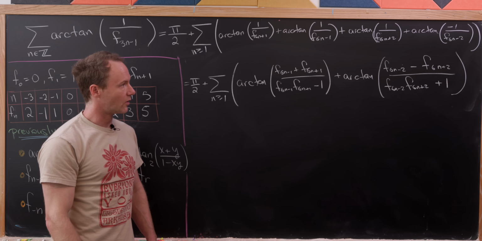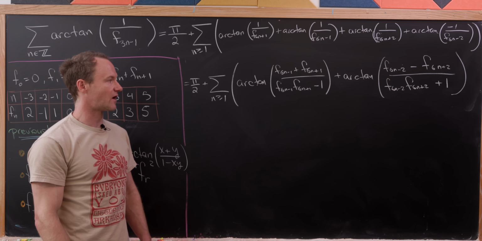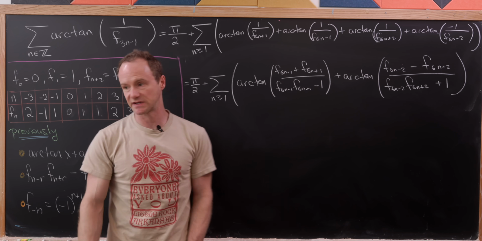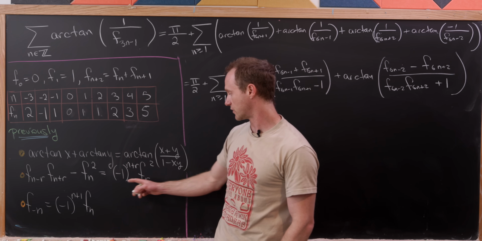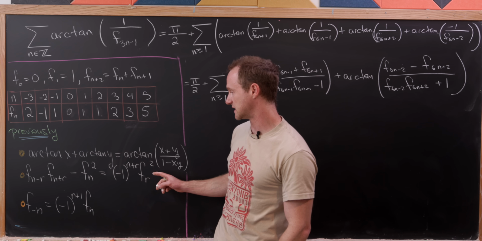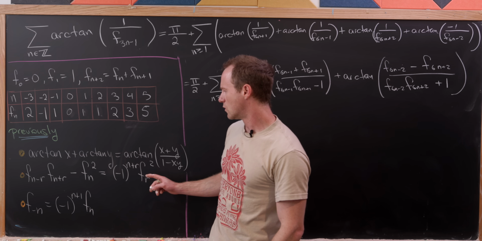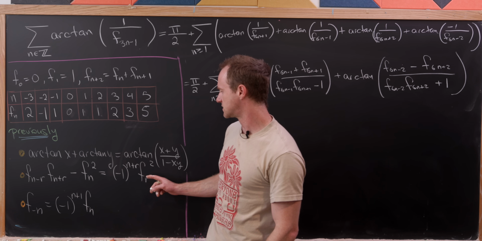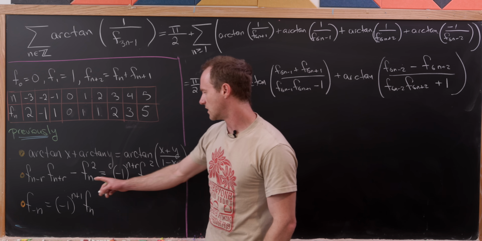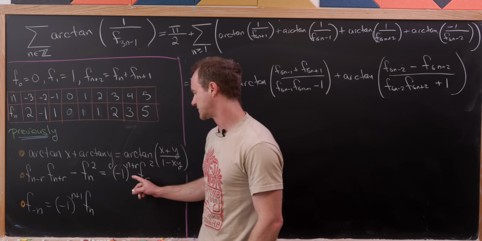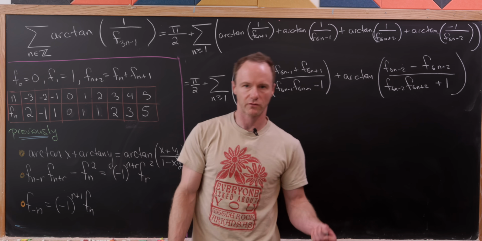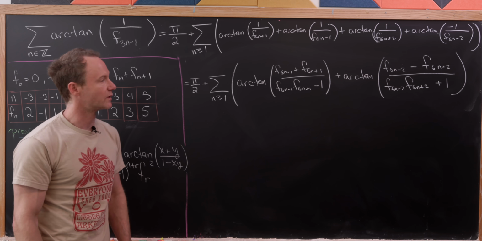And now I'd like to observe the following, that the denominators here can be evaluated using this Cassini identity over here. In fact, what we're really doing here is moving the term over here on the left to the right-hand side of the equation and the term on the right to the other left-hand side of the equation.